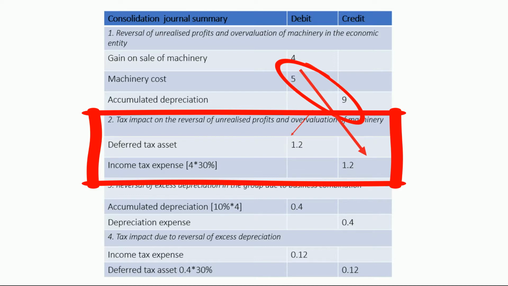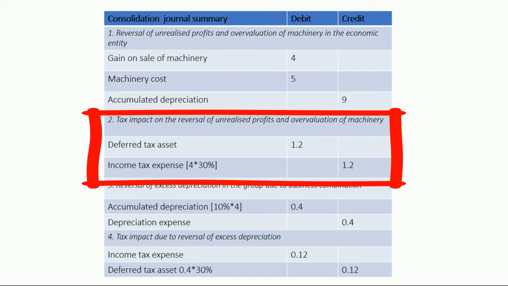The machinery, effectively, we have decreased the value of the machinery because 9 credit and 5 debit has a net effect of 4. So what we mean here is that because we are now decreasing the machinery cost, as a net effect, there will be less expected future cash inflows.